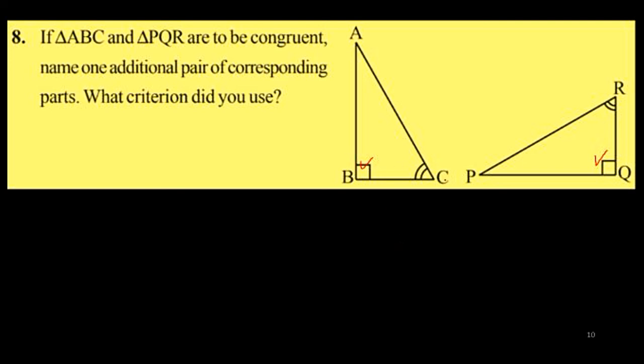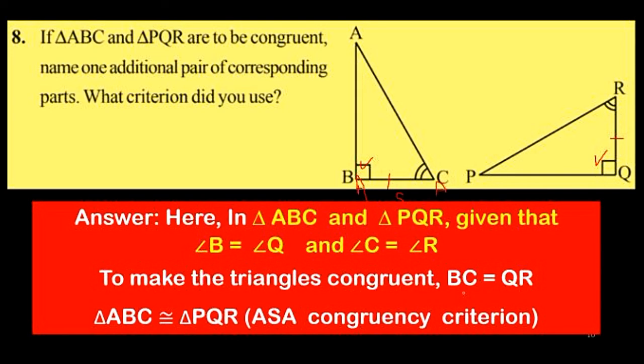We can see two angles are given equal. So only one additional pair of corresponding parts we need, that is the side between the two equal angles. If I write that equal, then I can use angle, side, angle, that is ASA criteria to make them congruent.